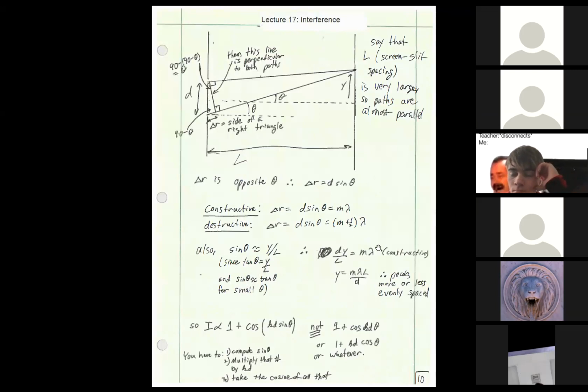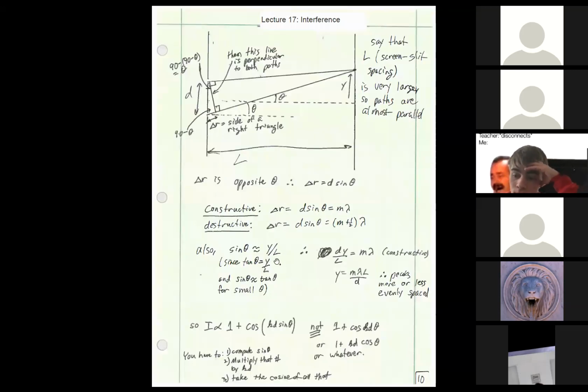So we could write our conditions like this and predict where the peaks are. But even if we didn't, we could still work out what theta is using d sine theta equals m lambda, and then solve for what y will be.